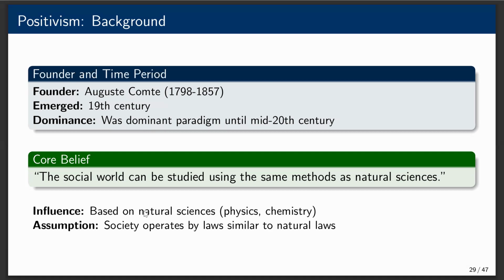So the core belief is the social world can be studied using the same methods as natural sciences. That is positivism, right? It got influenced by the natural sciences, physics, chemistry. The assumption is society operates by laws similar to natural laws.